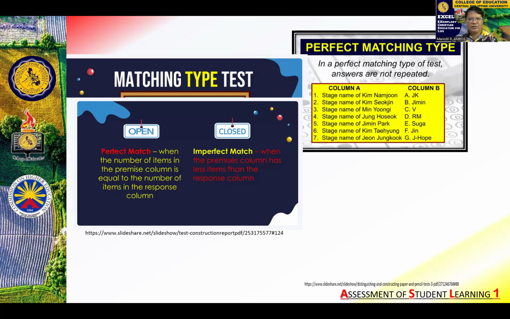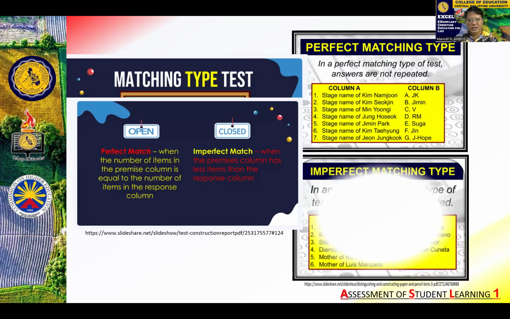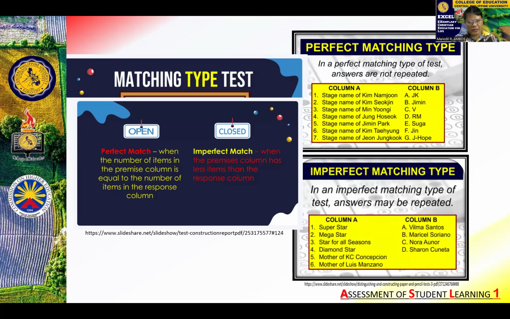Okay, you can see here a sample. Now, this is a perfect matching. Okay, and the other example is the imperfect match. So there are six questions, probably, in column A, but the answers are only four in column B. Imperfect.